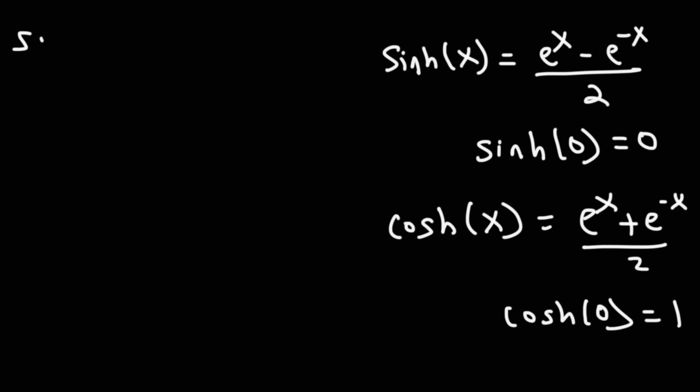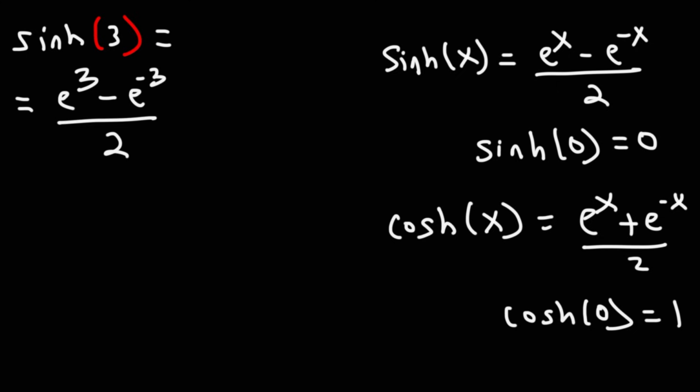Let's try this one. What is the value of hyperbolic sine of 3? So this is going to be e to the 3 minus e to the negative 3 over 2. So I'm going to rewrite that as 1/2 times e to the 3rd minus e to the negative 3.